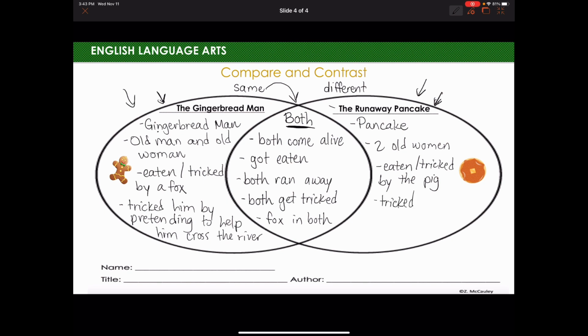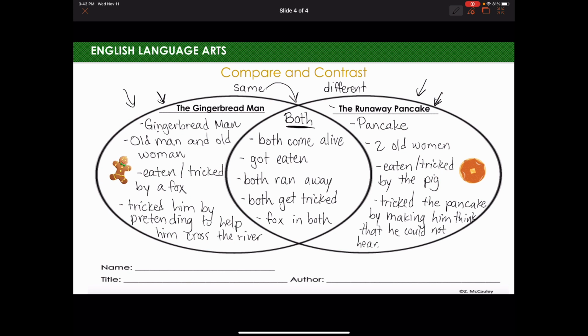He tricked him by making him think that he could not hear, so he had to come closer.